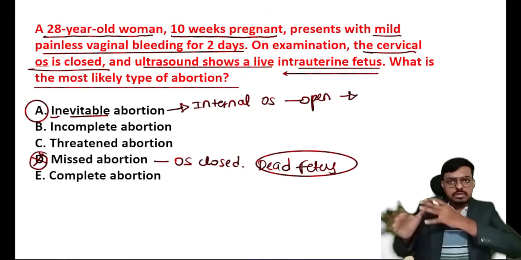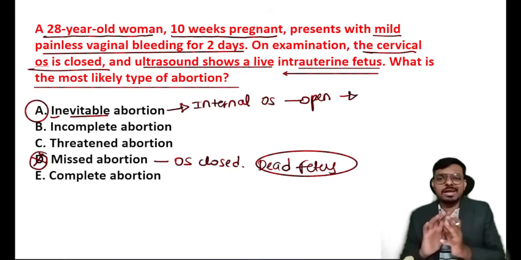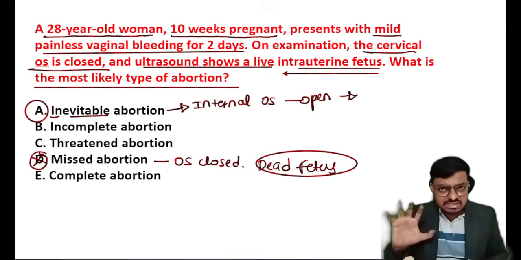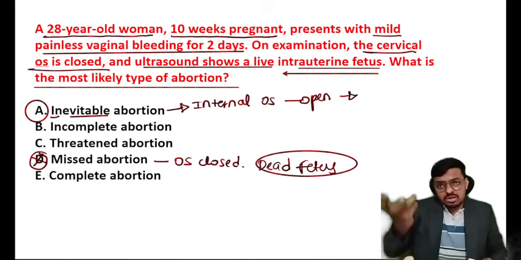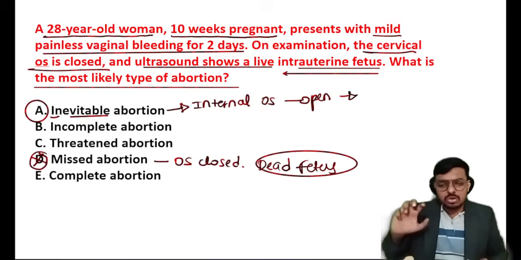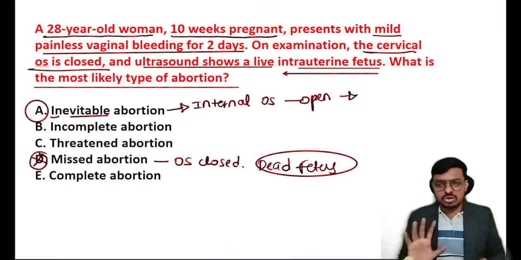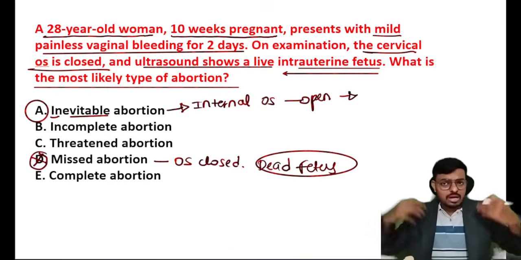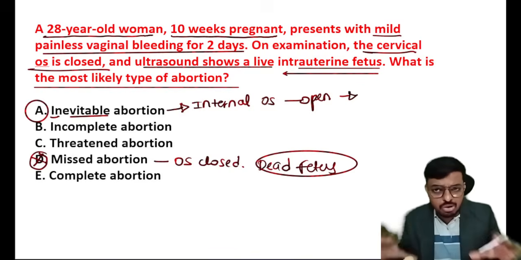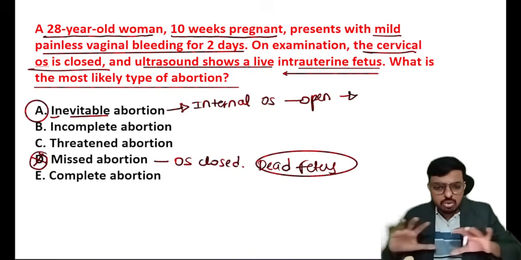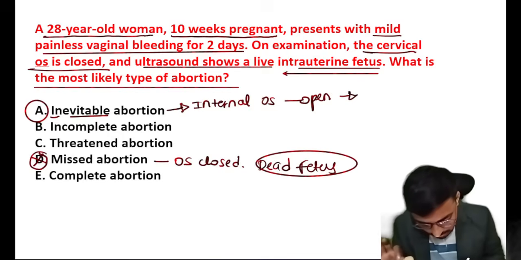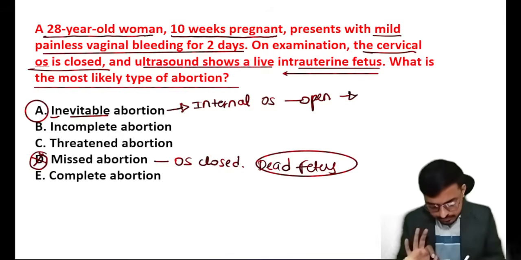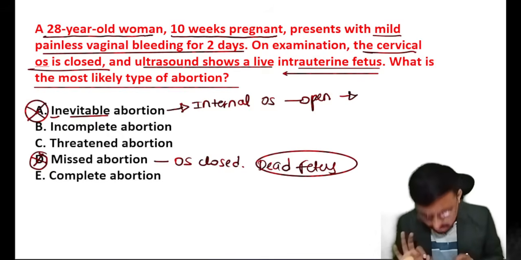The process of abortion has started and we are unable to stop it. Why are we unable to revert back to normal? Because the cervix is completely open, so the internal os is open. In the question, the cervical os is closed, so option A, inevitable abortion, is not the answer.